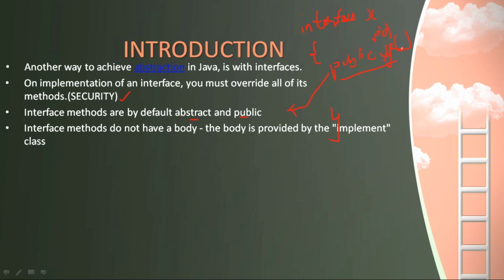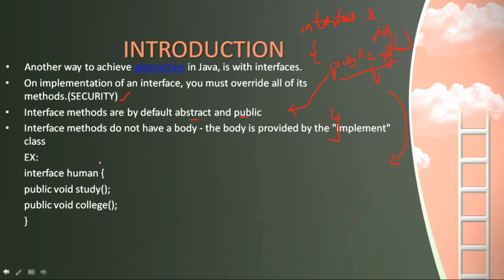So when we declare an interface method, it is the same as an abstract method, because we didn't provide any body to this method in an abstract method, while in an interface method too we didn't provide any body. So this body will be provided in the inherited class. For example, here an interface Human.